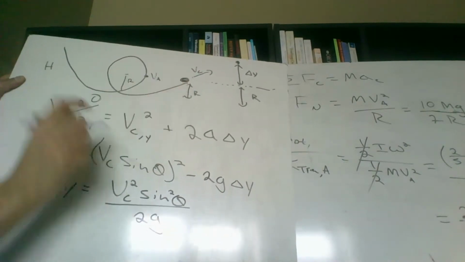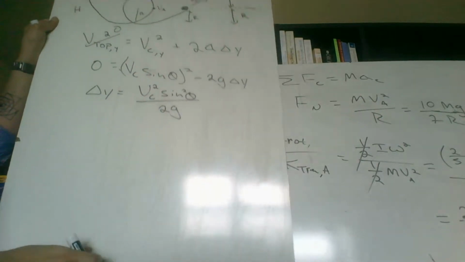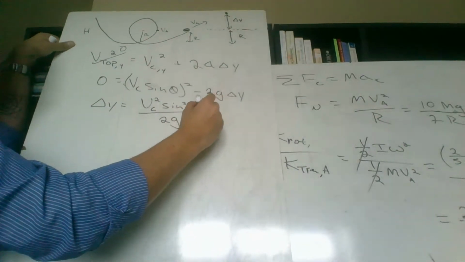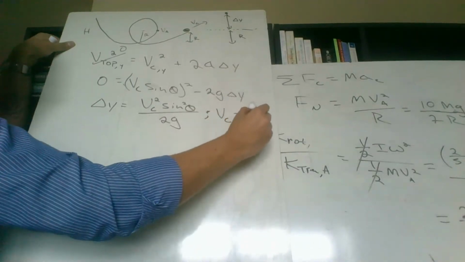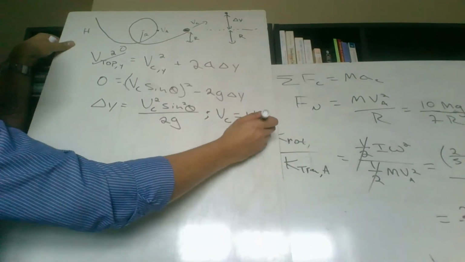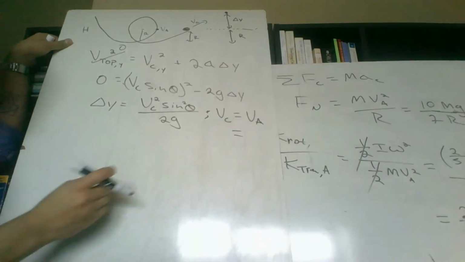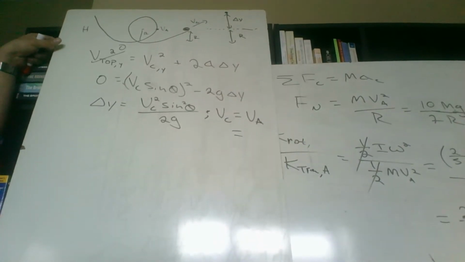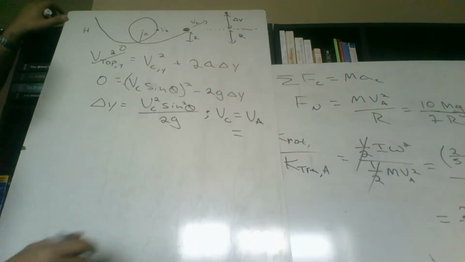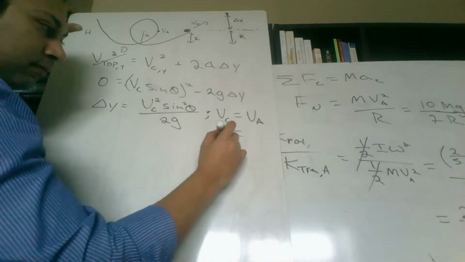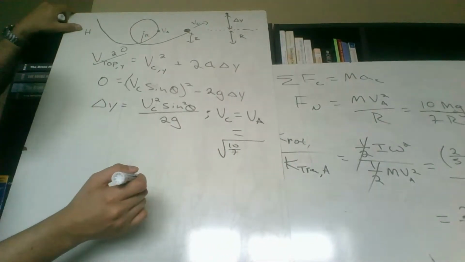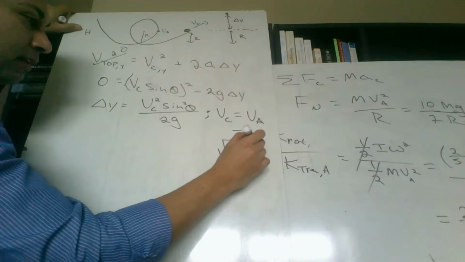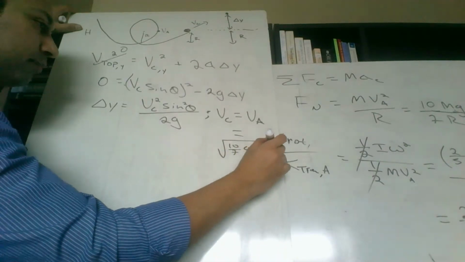The height at C and the height at A are exactly the same. So what we can say is the velocity at C is equal to the velocity at A, and we know what the velocity at A was equal to: the square root of 10/7 g (h minus R).